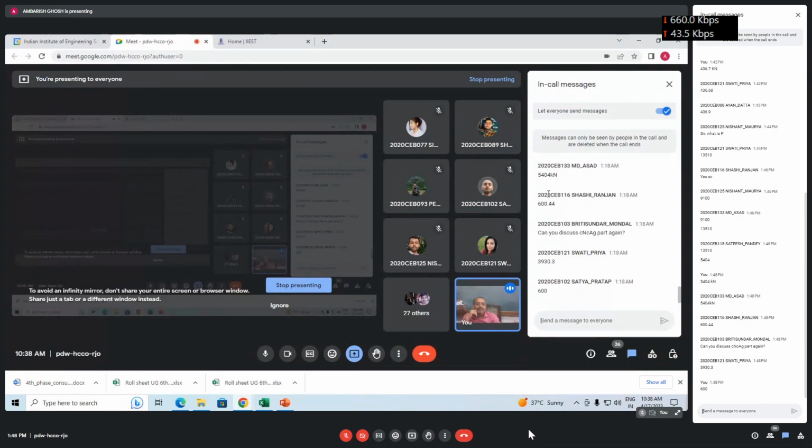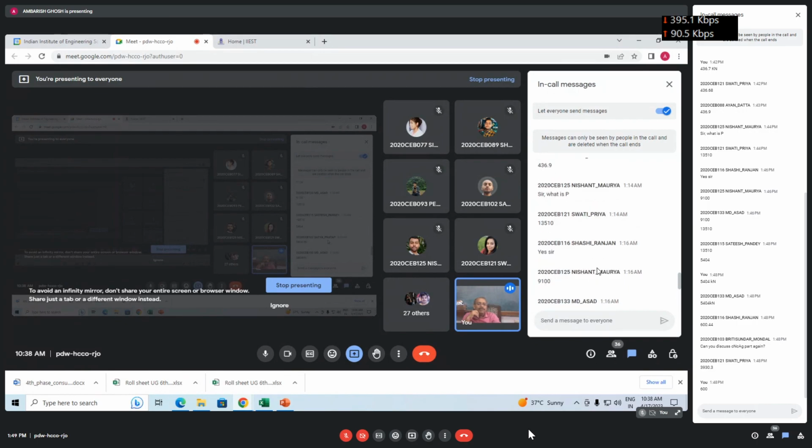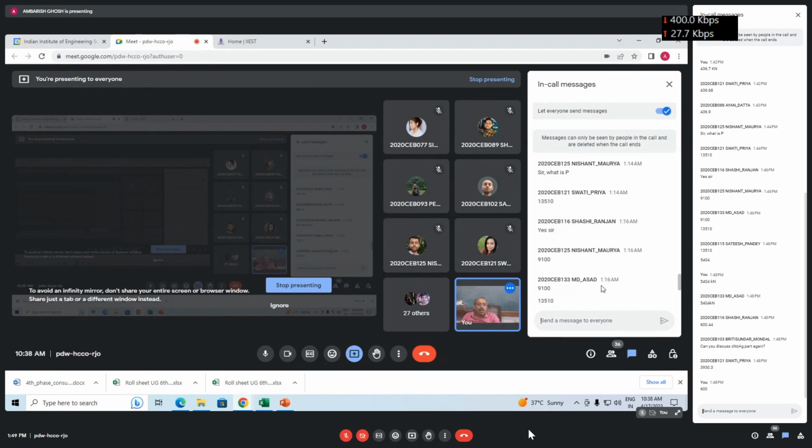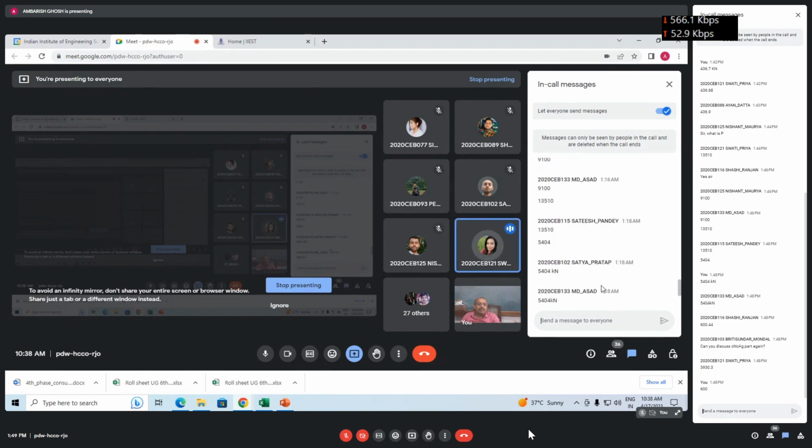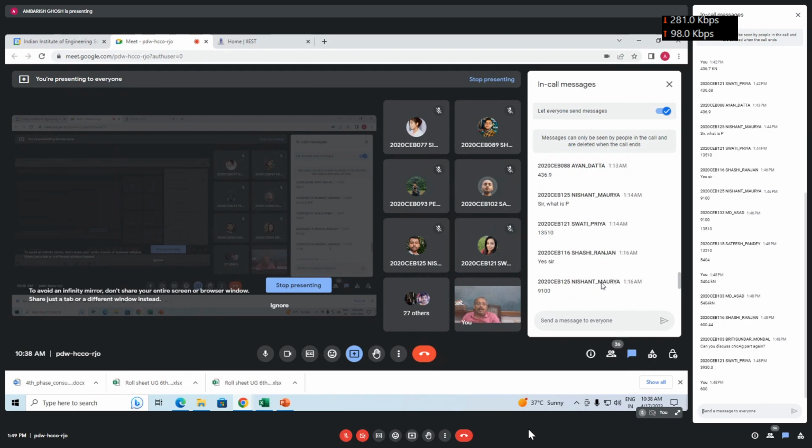So here you can see this is 5404 and this is 600. Which one is 600? Individual capacity was 436. So 436 into 9, it is coming 3924. Sir, I took 436.7.